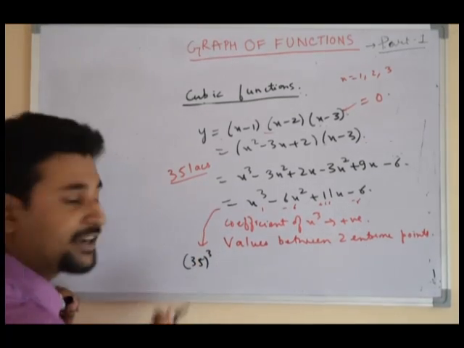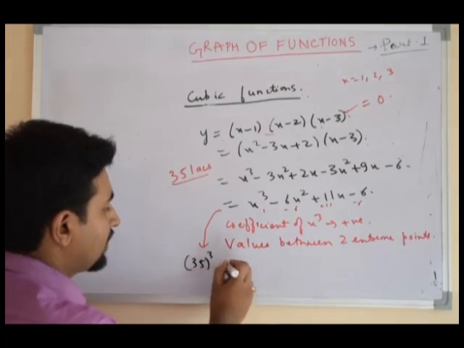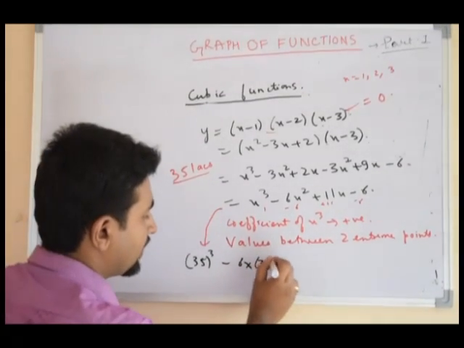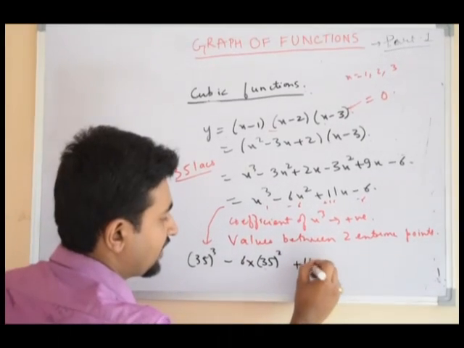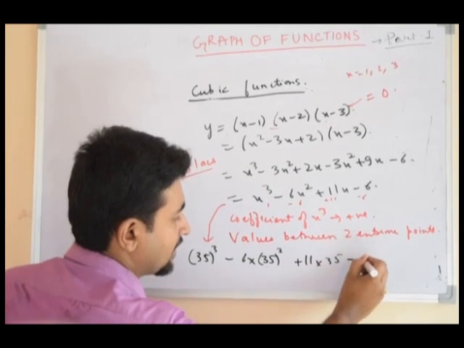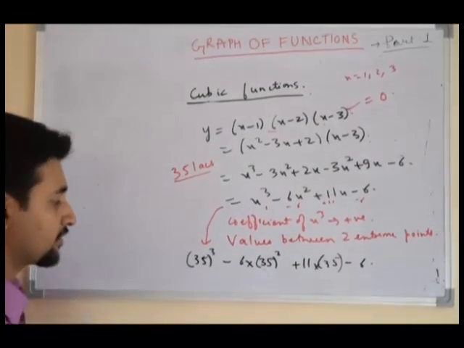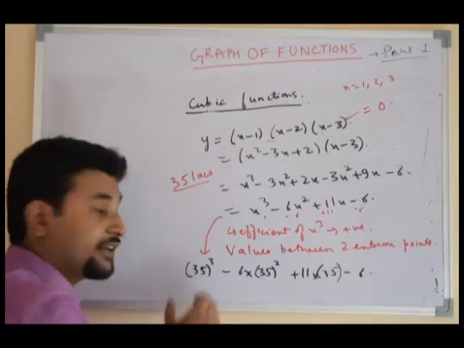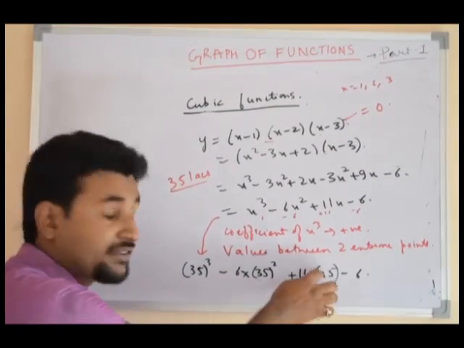I am not writing here 10 to the power 5 per lakhs, it's just understood. 35 cube minus 6 into 35 square, it is in lakhs actually, plus 11 into 35 minus 6. All these units are in lakhs. So you have the cube of 35 lakh, and here you have 35 square and 35 lakh.